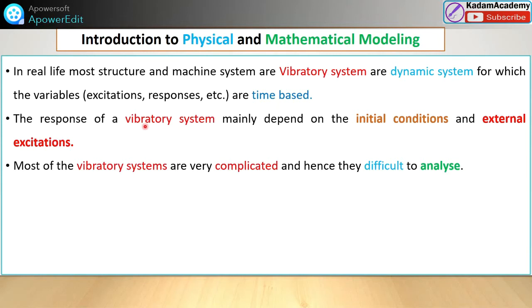For that reason, the physical system is converted by drawing a mathematical model.